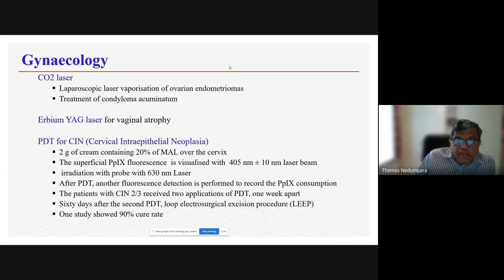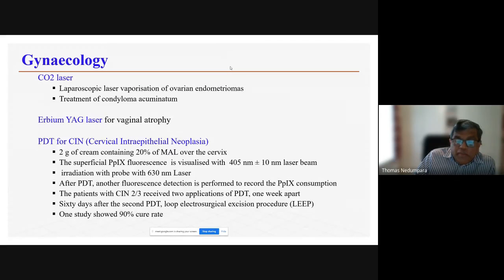And then after treatment, use a 405 nanometer laser to look for the fluorescence and see how much abnormal area has been destroyed. So they have this treatment twice, 1 week apart.